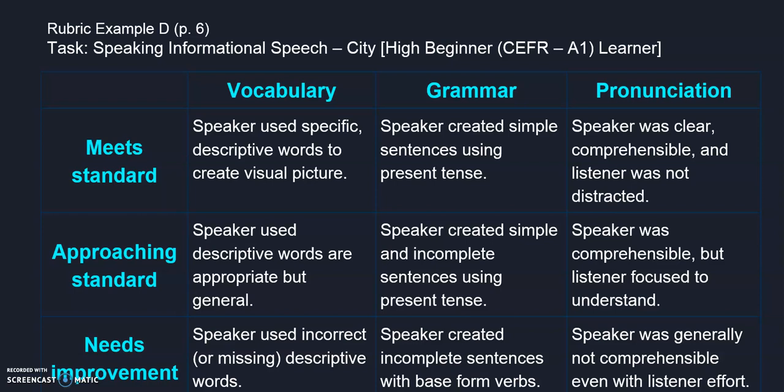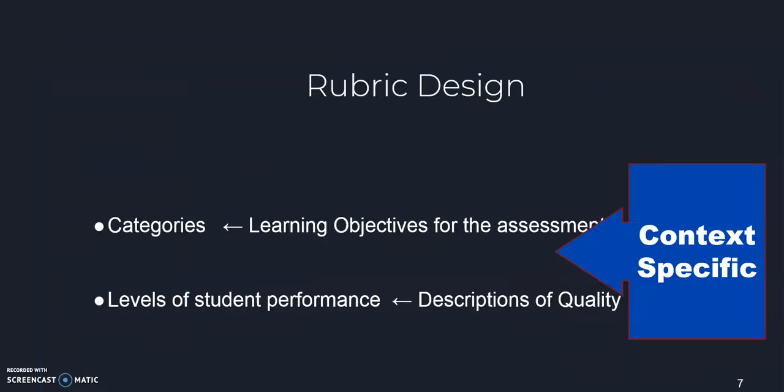So here's an example of a rubric with 3 categories and 3 levels of performance for an informational speaking task at the high beginner level. Remember that the categories are always going to come from the learning objectives for the assessment, and the levels of student performance are going to be from descriptions of quality that we expect in this context.